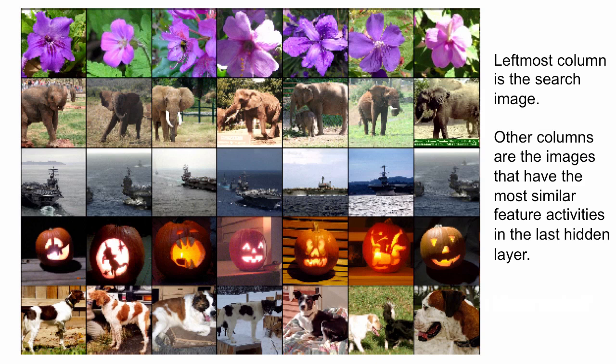If you look at the Halloween pumpkins, you'll see that all the retrieved things are other Halloween pumpkins, and some of them would have a pretty bad overlap in pixel space. Similarly with the aircraft carrier, we retrieve other images of aircraft carriers that are very different.